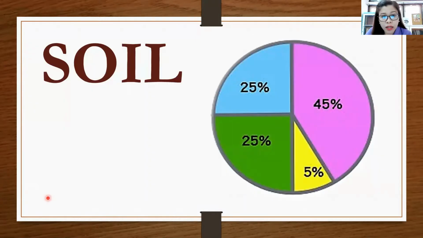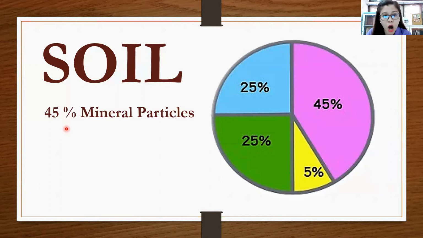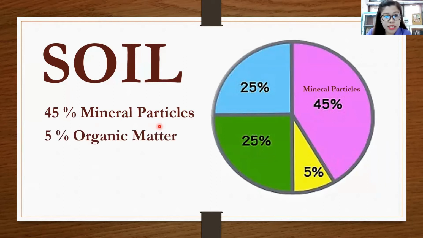So soil is made up of 45% of mineral particles, 5% of organic matter. So when we say organic matter, these are the remains of dead leaves, dead animals, or dead plants that are being broken down into humus.